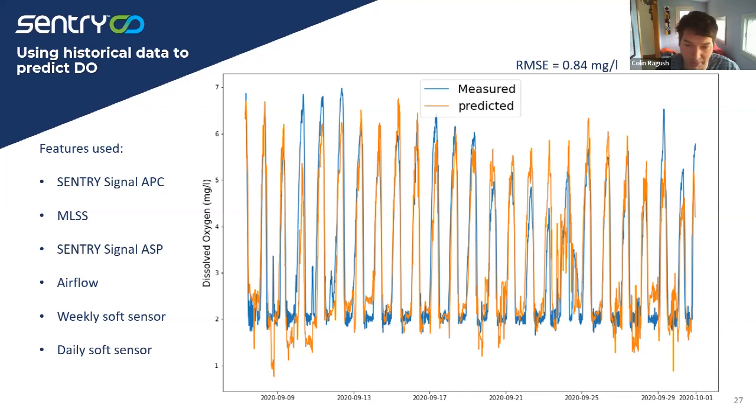And the goal here, using about 3 months of data, was how well could I predict, in the third stage of the process, the dissolved oxygen. And you can see that we can do quite a good job here. This isn't an optimized model, but we still have an RMSE of 0.84 milligrams per liter, and R-squared of 0.67, which is probably close enough to the point where you can consider using it in control to manage the aeration.